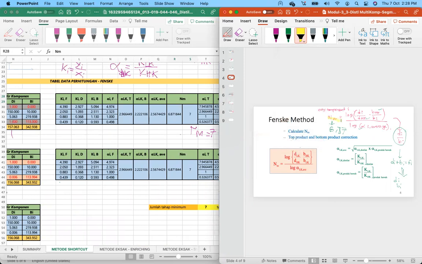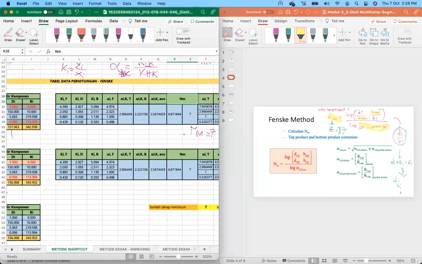So we know the NM, we also know the alpha I average because it is K I divided by K HK, we also know the D of the HK. Okay, so then we can find DI and BI. This is how they open it.